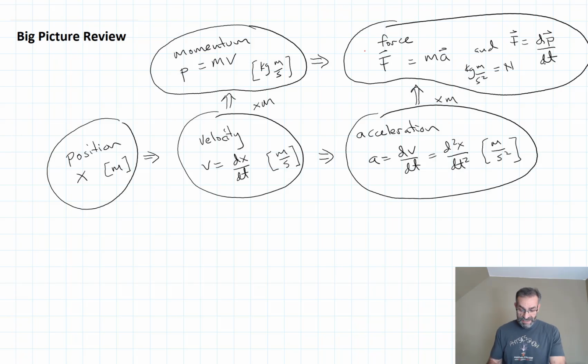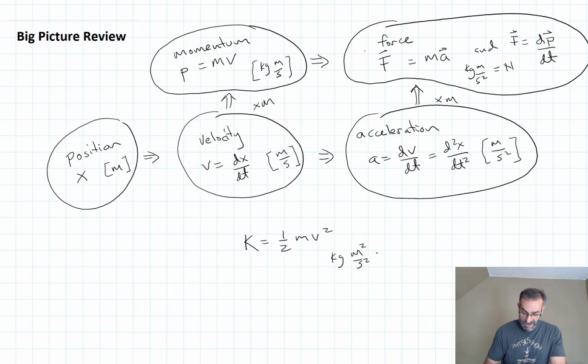Now let's take a look at energy. We know that kinetic energy is 1/2 mv squared. What are our units for kinetic energy? That would be kilogram meter squared per second squared.